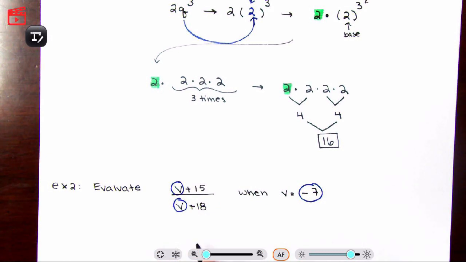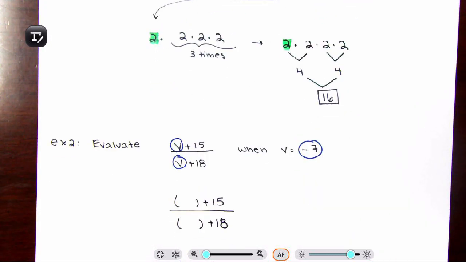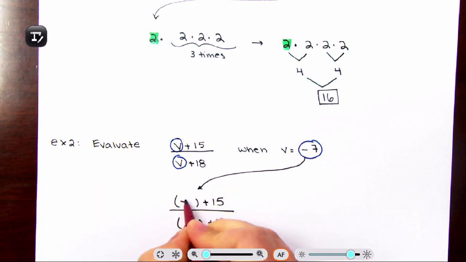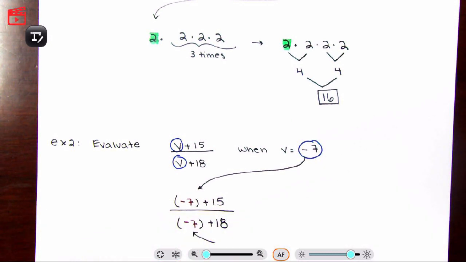So what do we have? We have bubble plus 15 divided by bubble plus 18. So now we're taking that V value and putting it inside of our bubble. So we're putting -7 into our bubble here in place of V.